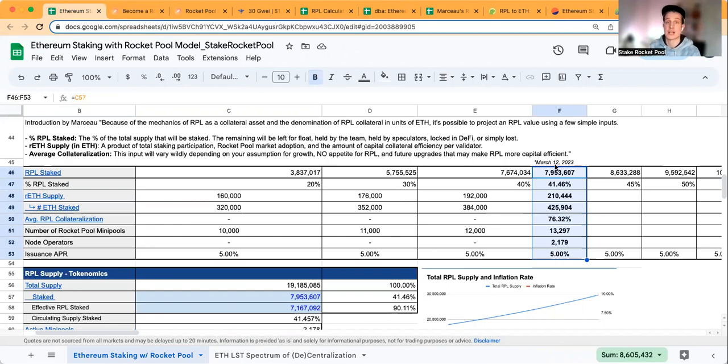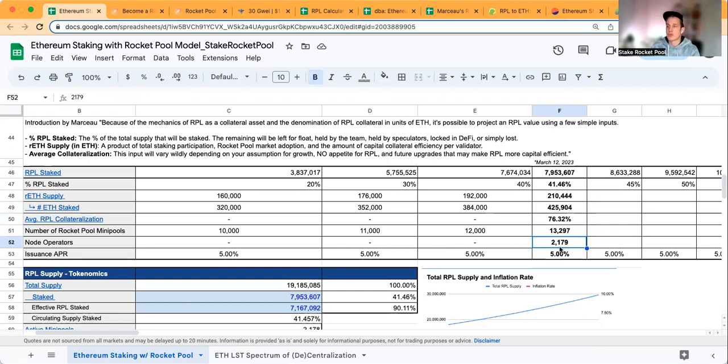This initial analysis was created on March 12th, and we've added additional things since then, but we have not yet updated these statistics. So we're providing where we're getting the information for the amount of RETH created, the amount of ETH that's been staked, the average RPL collateralization per mini pool validator, how many mini pools have been created, how many node operators. This is old.